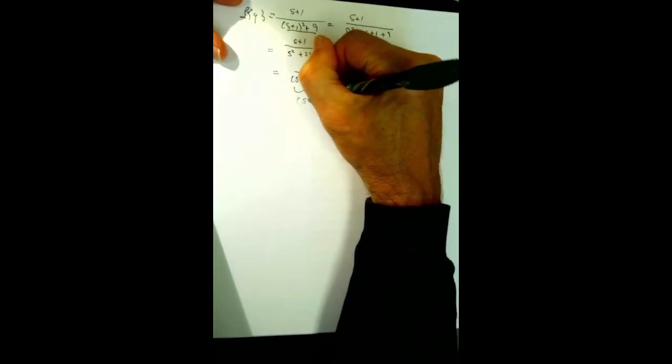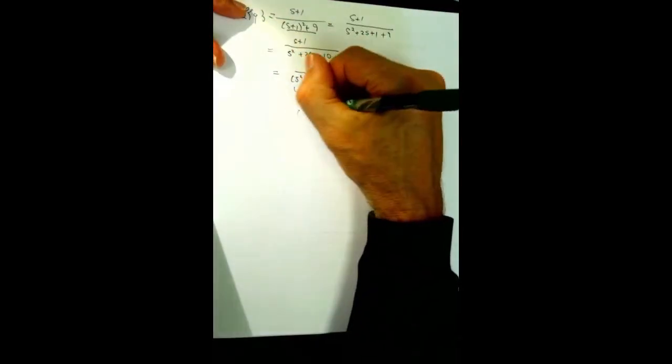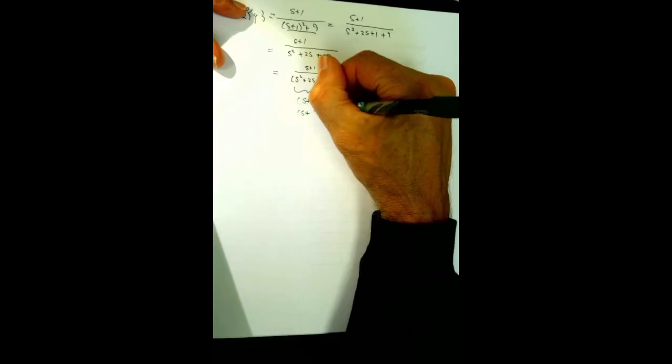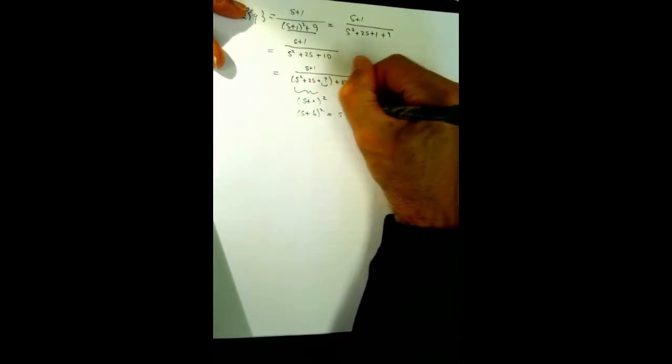So this looks like s plus something, squared. What s plus, let's say, b squared is s squared plus 2bs plus b squared. So that means 2s is equal to 2bs, so my b equals 1. And so that's 1 squared.